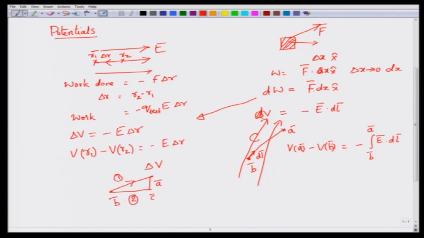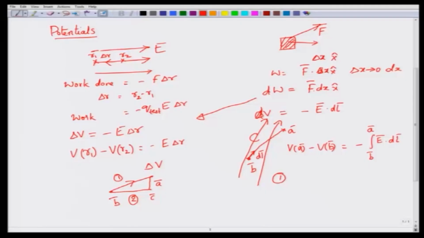It can be shown that for the electrostatic fields that we are considering, this line integral or the potential difference will not be a function of the path that I have chosen. All paths with the same initial and final points will lead to the same potential difference. So, delta V is independent of the path. This is one very important observation.